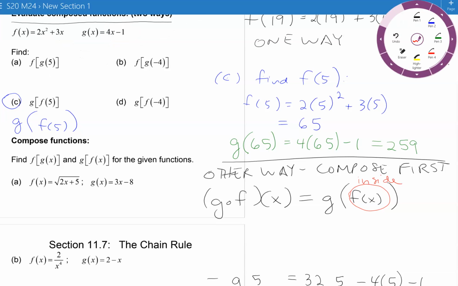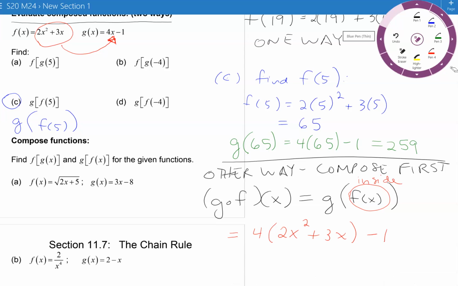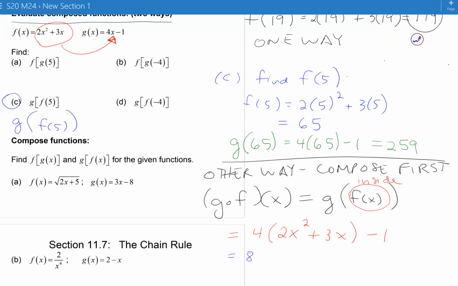So I'm going to take the f of x and put it in the g function. So this is going to be 4 times 2x squared plus 3x minus 1. So that's going to be 8x squared plus 12x minus 1.